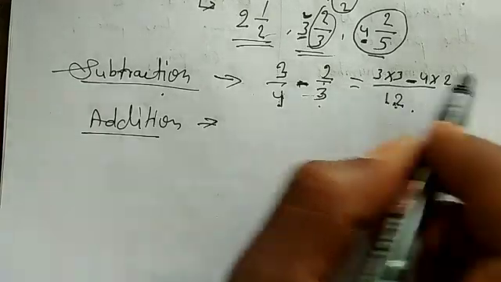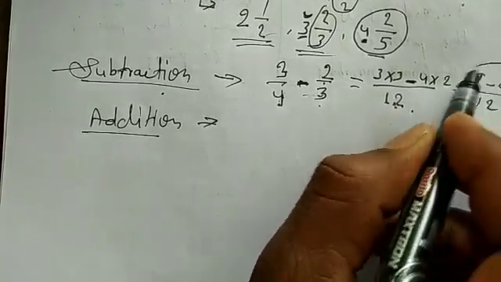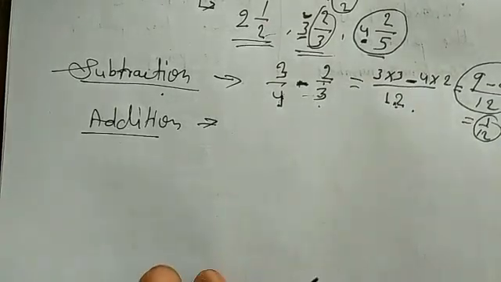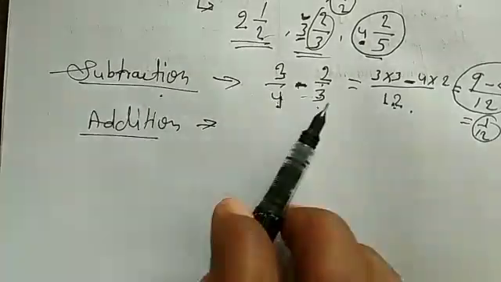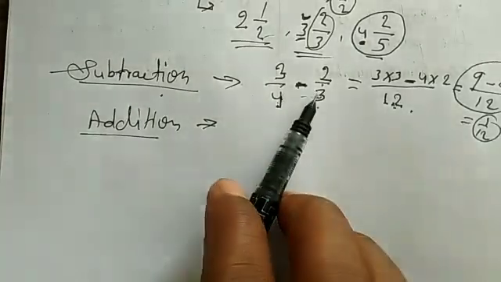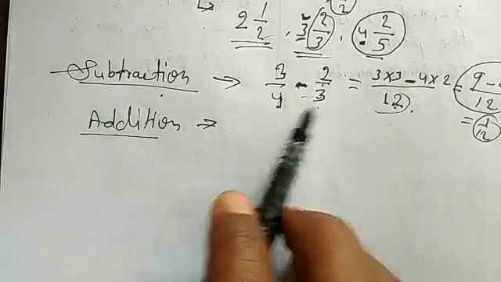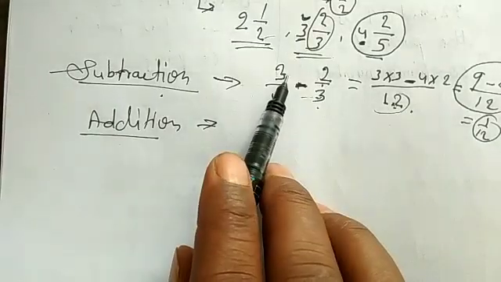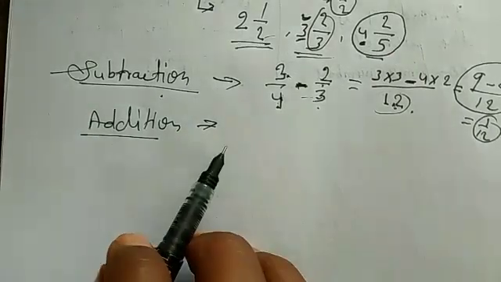Now, 3 threes are 9 minus 4 twos are 8, upon 12. Now solve it, so this will be 1 upon 12. This is the subtraction: to subtract fractions, simply take the LCM of the denominators, then divide the LCM by their denominators one by one and multiply the quotient with the numerator. That will be the subtraction.